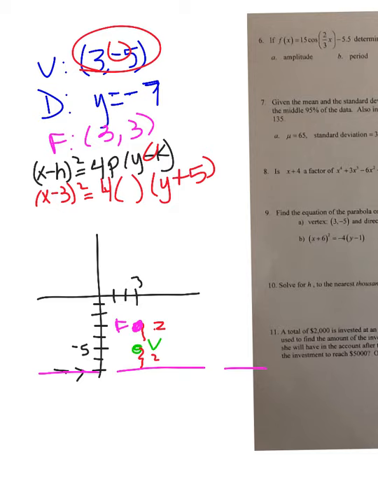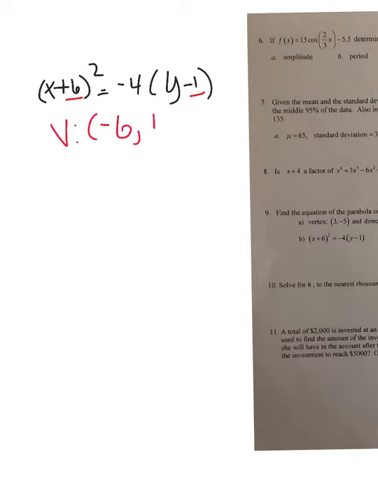Now remember, p is your distance, and it has to be in this order, from vertex to focus. So from vertex to focus, my p is equal to positive 2. And the reason why it's positive 2 is because it's going up. If it was going down, it would be negative. So now we just clean this up. So it's x minus 3 squared equals 8 times y plus 5. All right, that was A. All right, let's take a look at B.